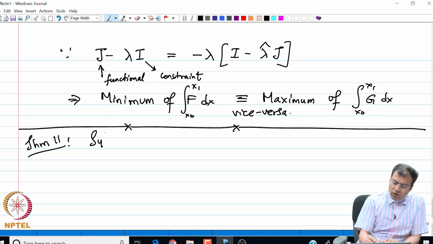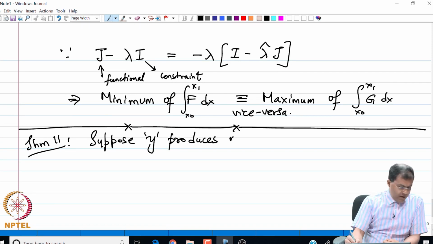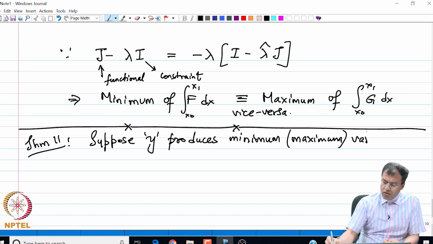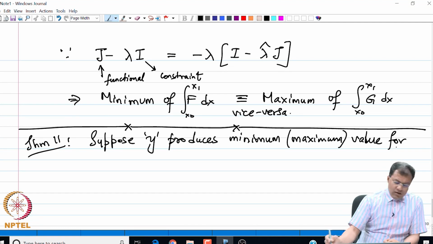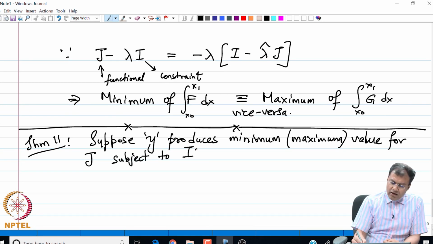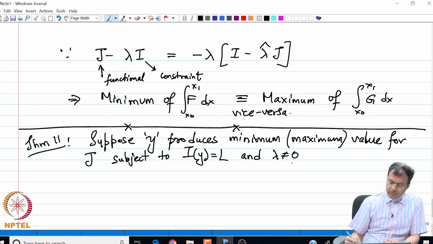It says that suppose y produces a minimum, respectively a maximum, value for the functional J subject to I of y equal to L, and lambda is not 0.